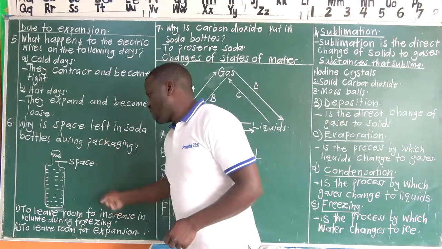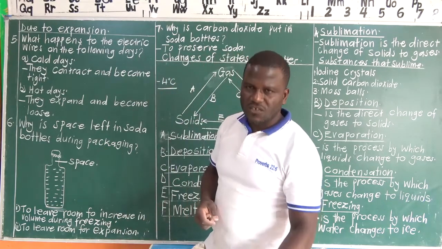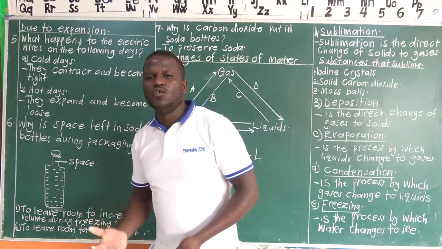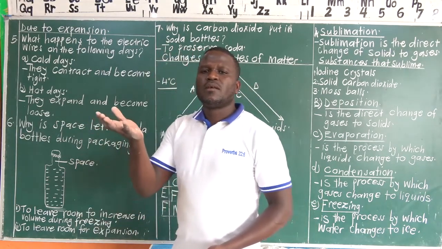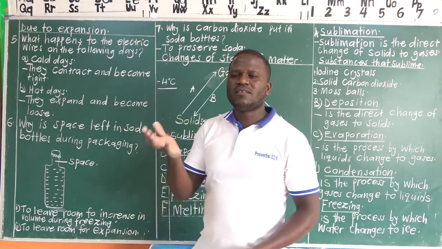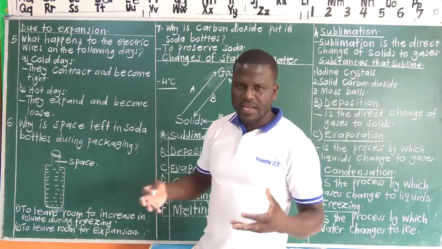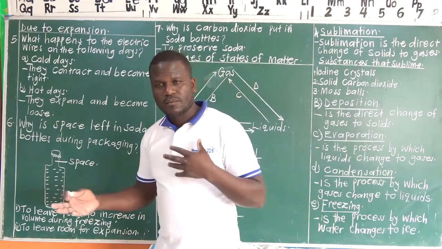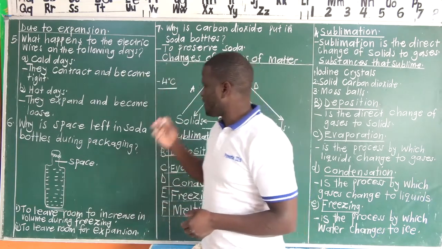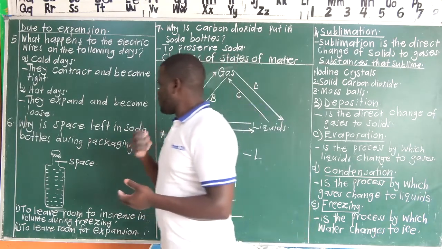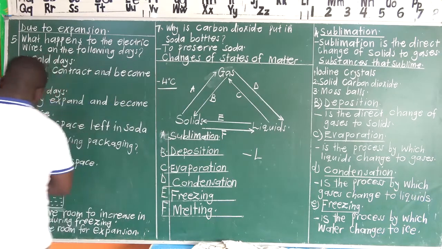And when they freeze, their volume will increase. And when volume increases, they will need space. So if that space is not left, they will break or crack. So that's why space is left in soda bottles, or in soft drinks.